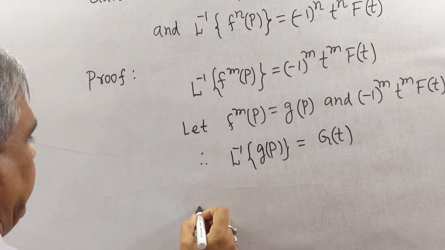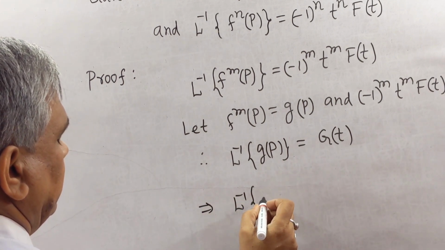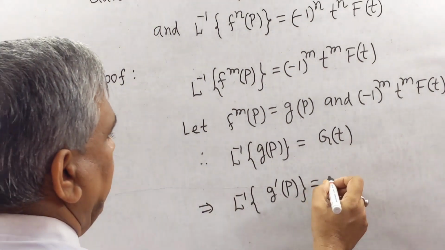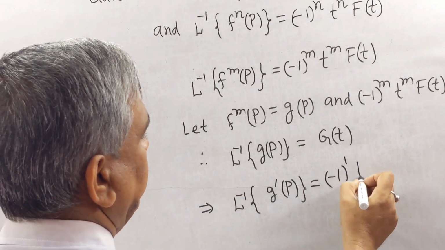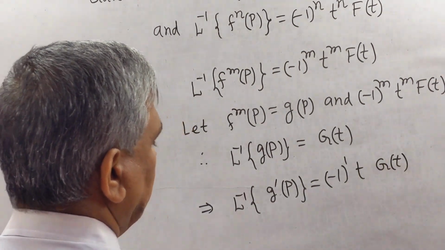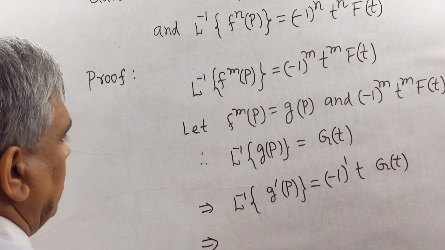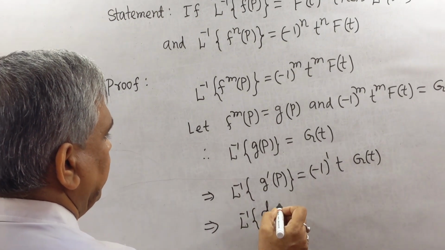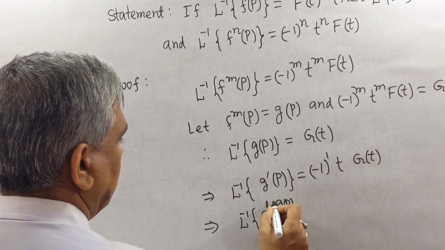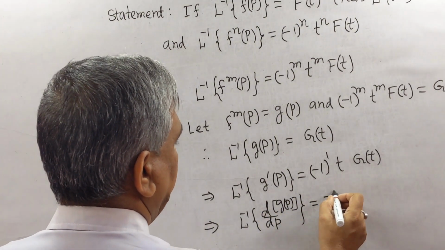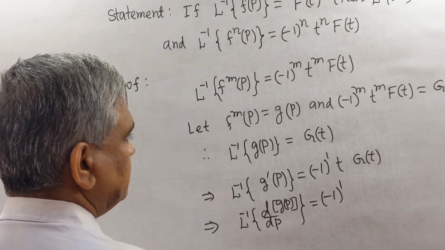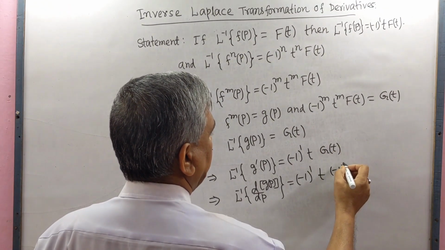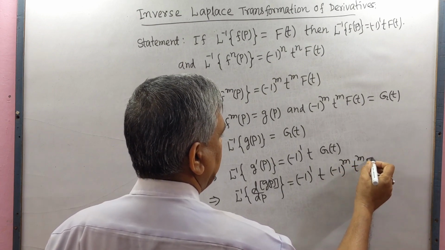So we get L inverse G dash(p) equal to minus 1 to the power 1 t g(t), implies that L inverse d by dp G(p) equal to minus 1 to the power 1 t g(t), which is minus 1 to the power m t to the power m f(t).